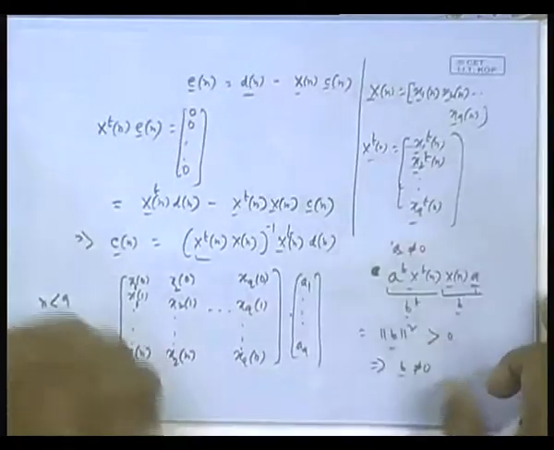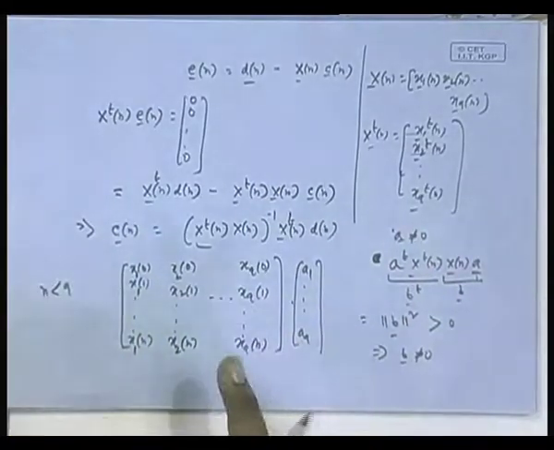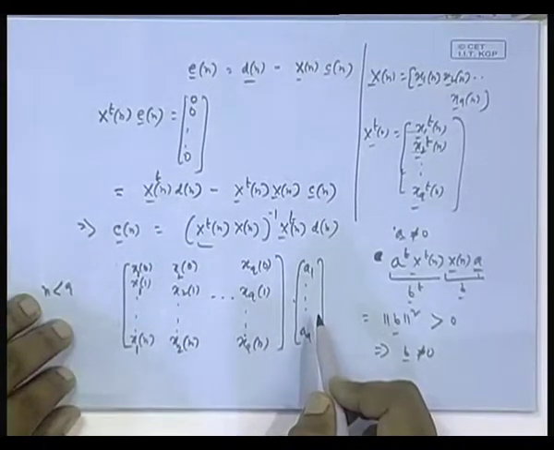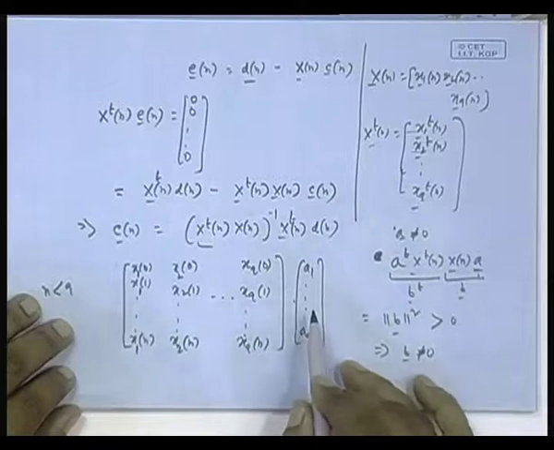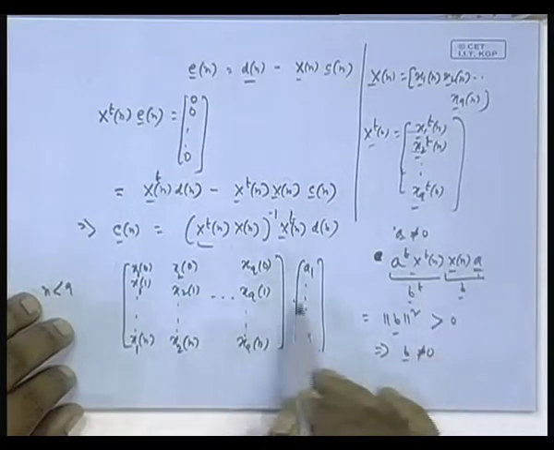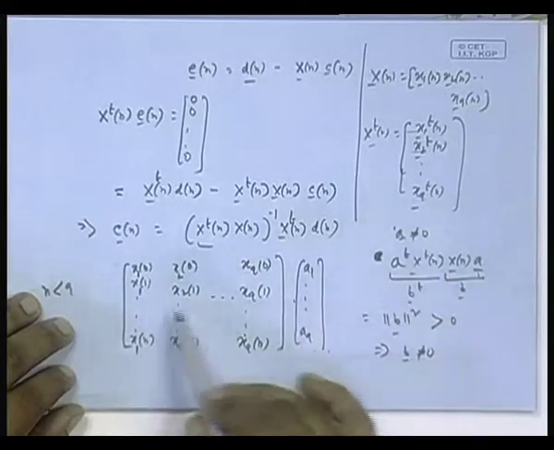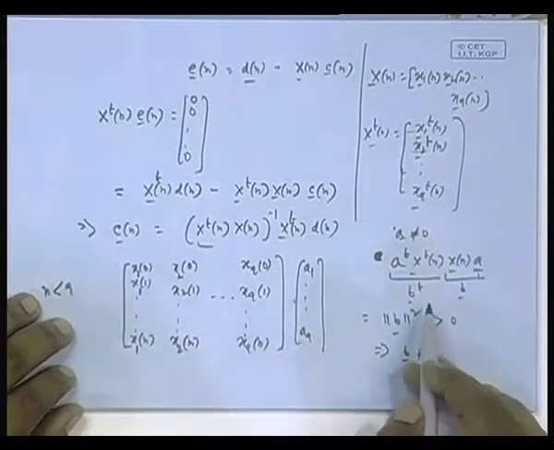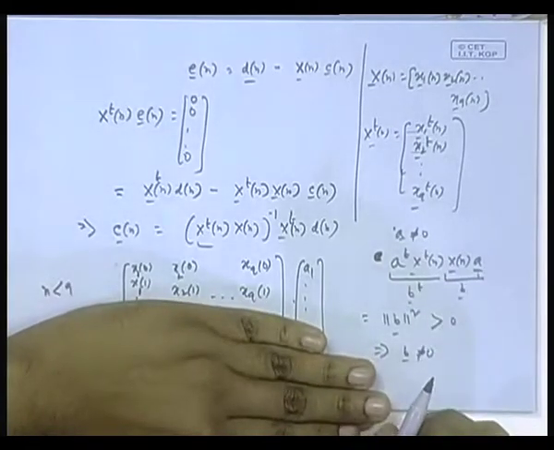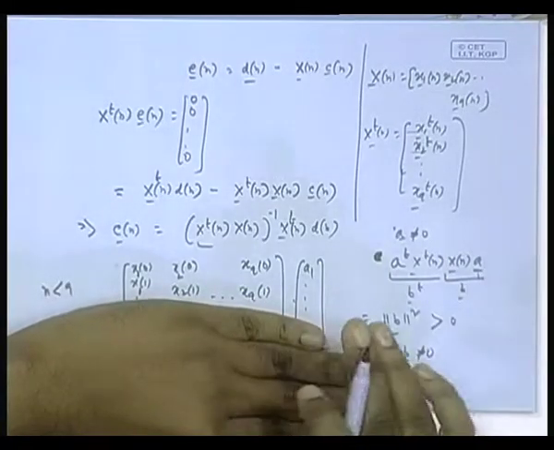And immediately, what happens actually? If this product is non-zero, I have told you here, if the columns are linearly independent and A is non-zero, this is obviously non-zero, and then we are through. Question is, if it is 0, then what happens? You understand?